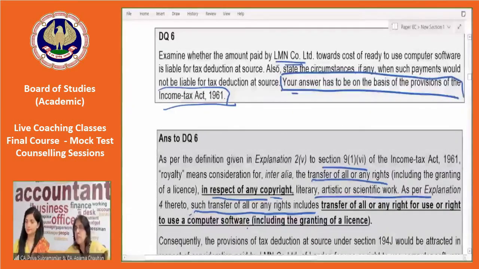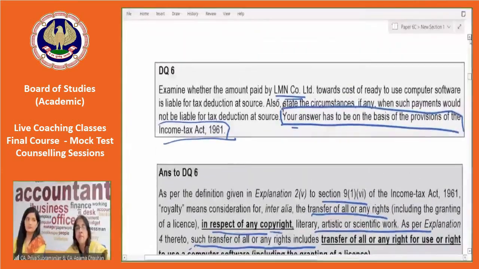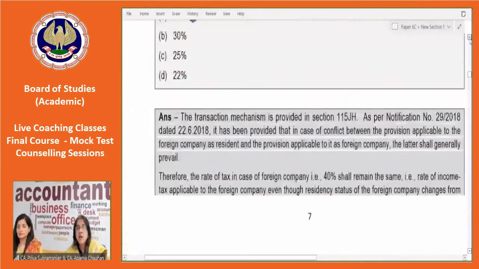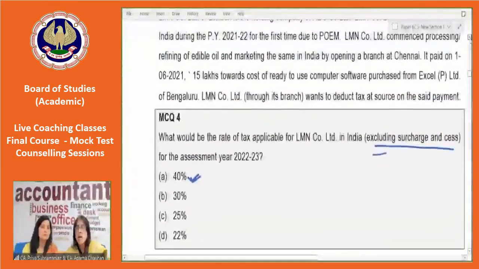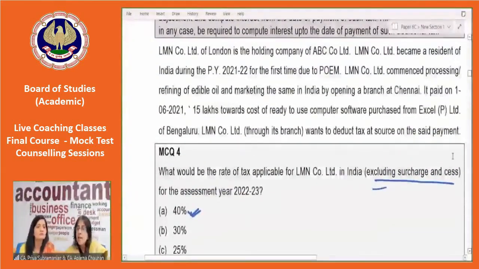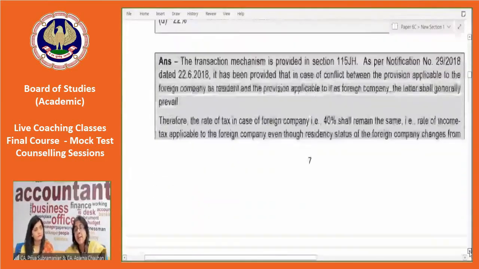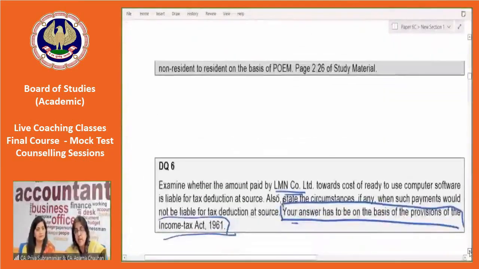So, since it becomes royalty and the amount is paid by LMN Company Limited, to whom is it paid? It is purchased from Excel Private Limited, Bengaluru. It's paid to an Indian company. So, for an Indian company, when you pay royalty, tax is deductible at source under 194J.